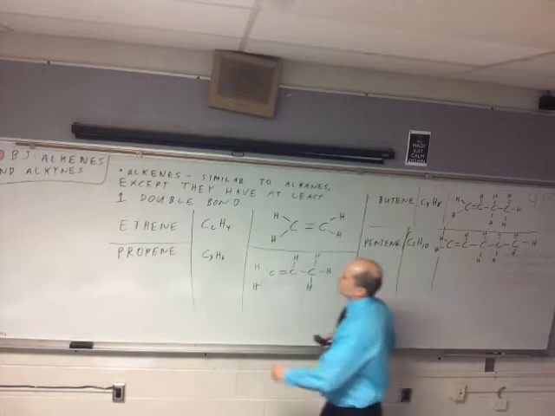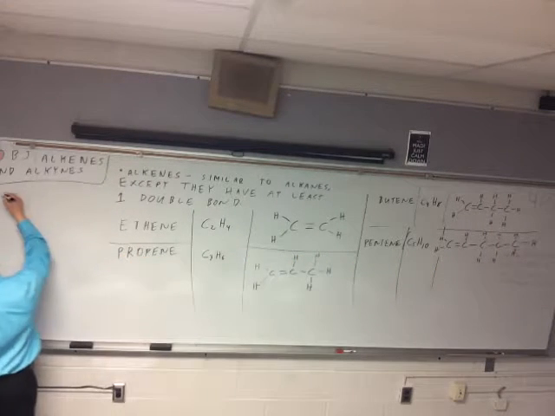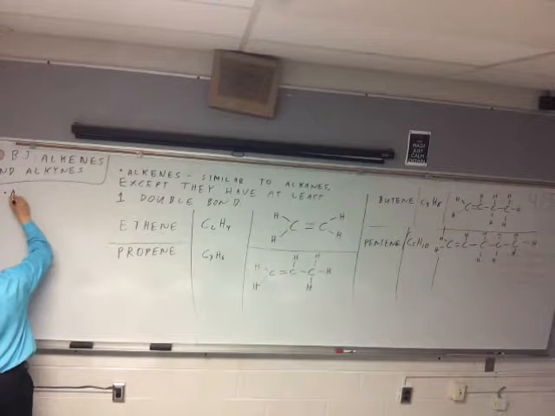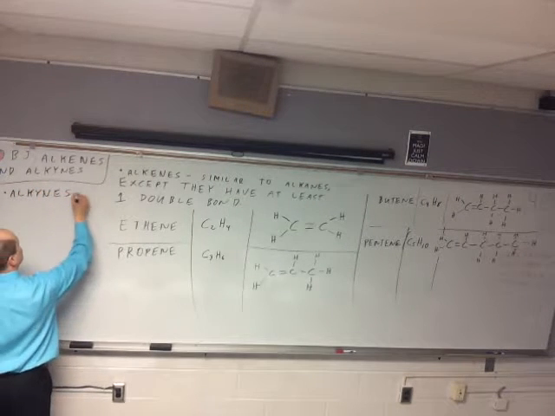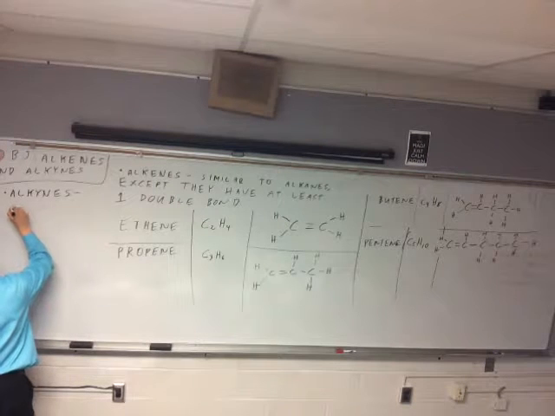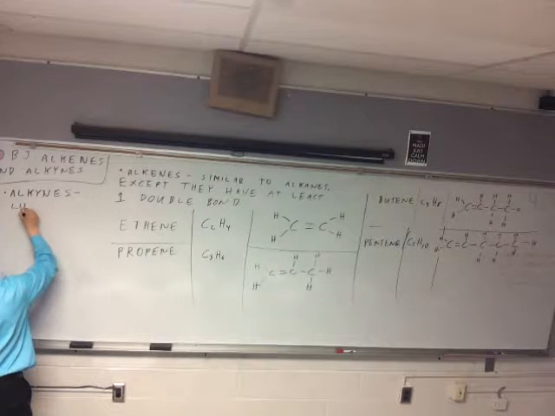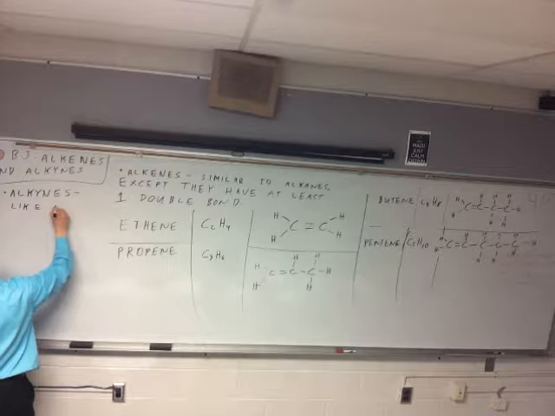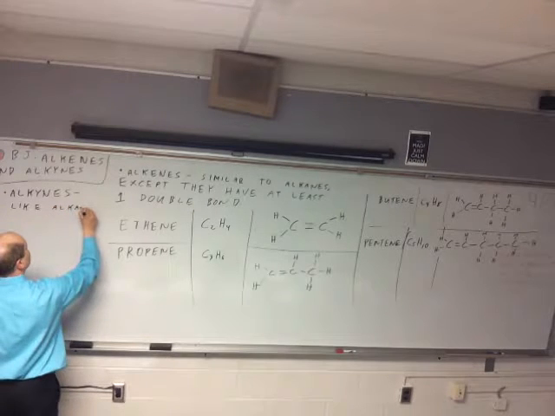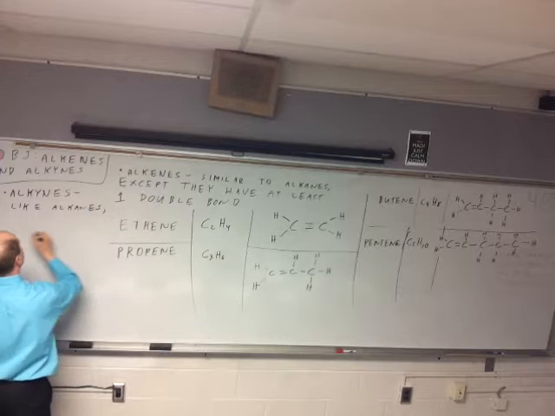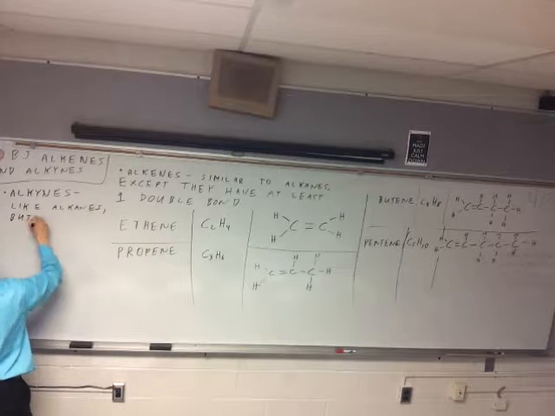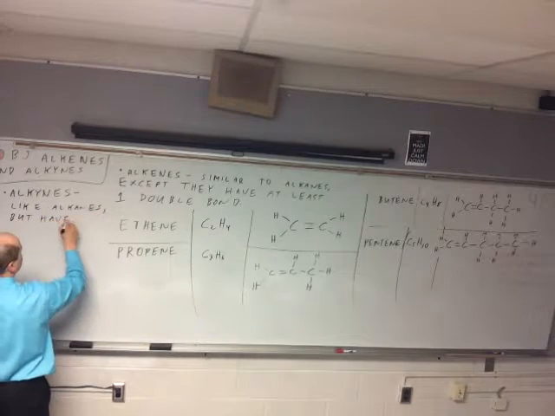All right, well, let's do alkynes. Alkynes. And you can pretty much guess where this is going. These are triple bonds. Like alkanes, but they have at least 1 triple bond.